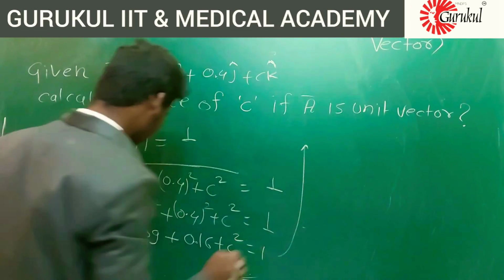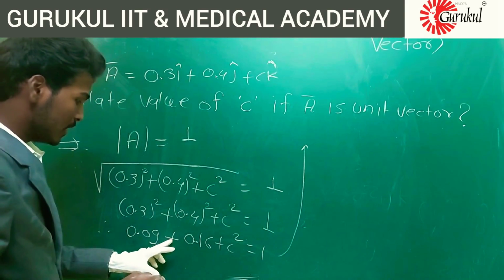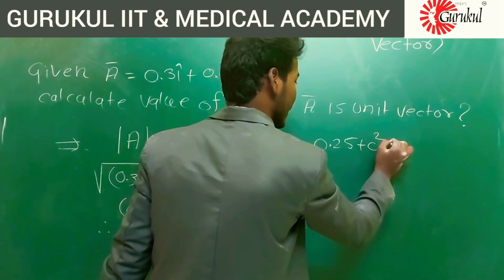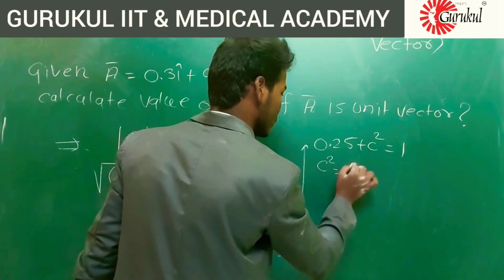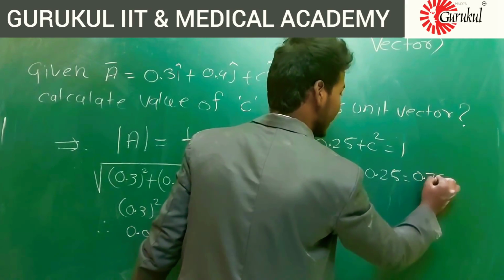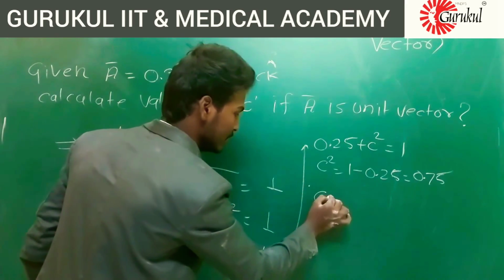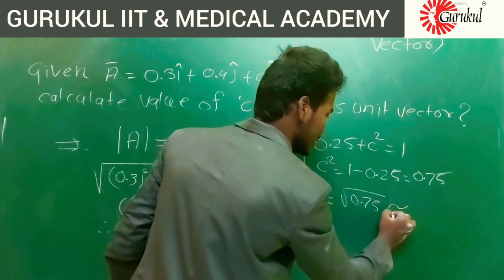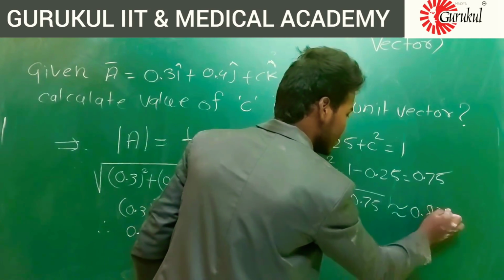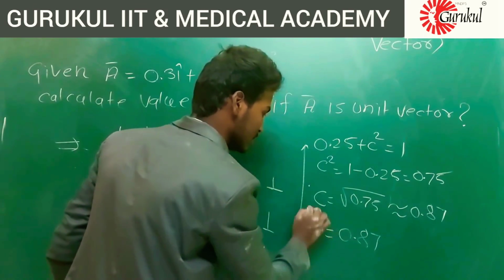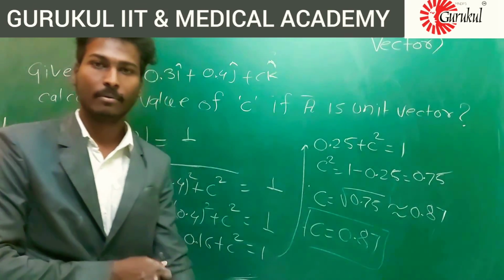So 0.09 plus 0.16 will be 0.25, plus c square is equal to 1. So c square is equal to 1 minus 0.25, that is equal to 0.75. Therefore c will be equal to square root of 0.75, which is nearly equal to 0.87. So that answer was 0.87. Okay, note it down.